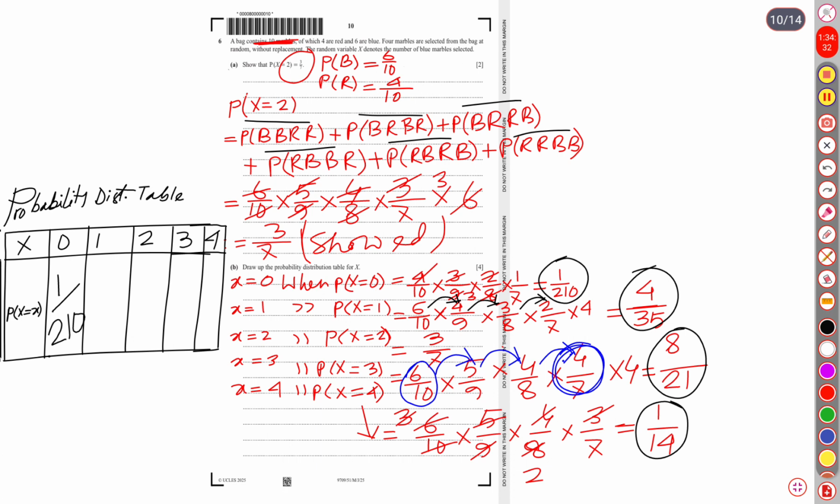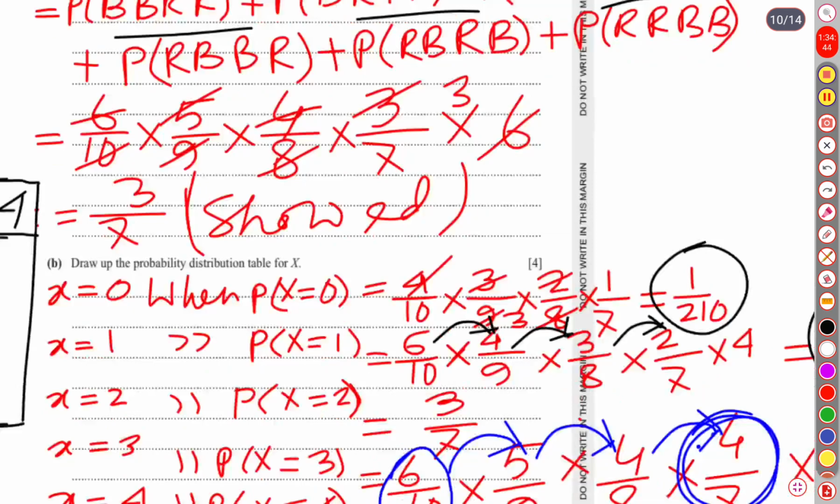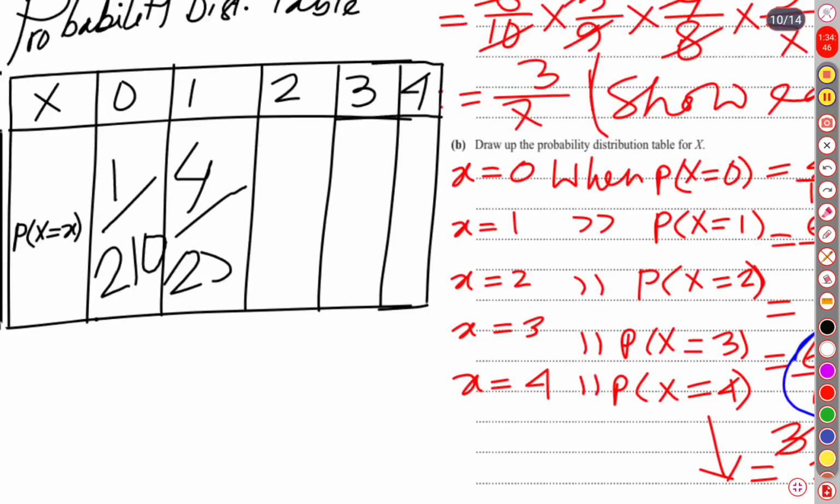Then second one is 4 over 235. I will have to zoom it out actually.